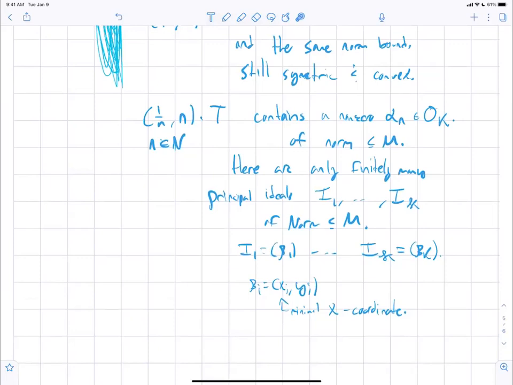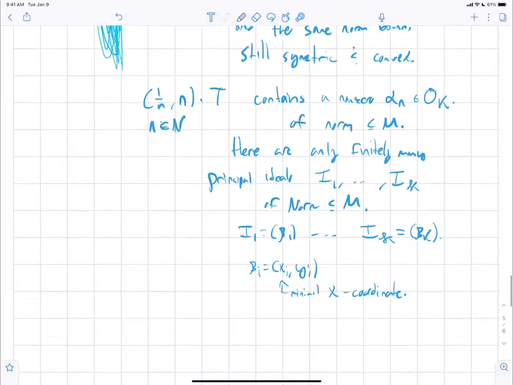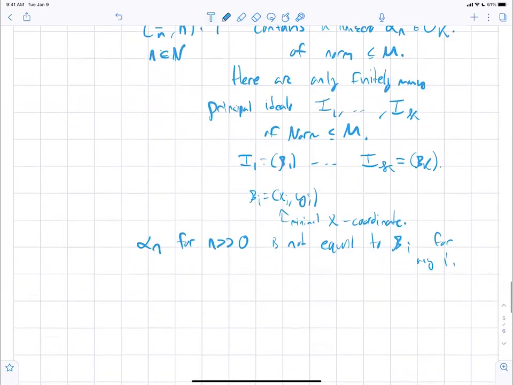Okay, and these are all non-zero because they're given from the embedding of K into R. So then what that means is alpha n, for n sufficiently large, is not equal to beta i for any i, but it generates an ideal of norm less than or equal to m.